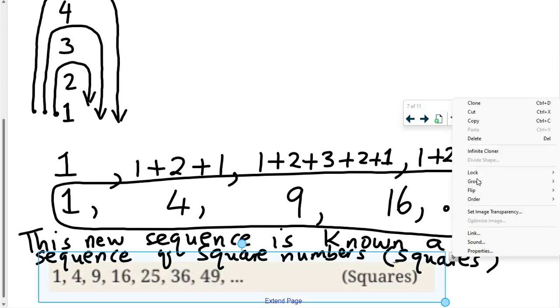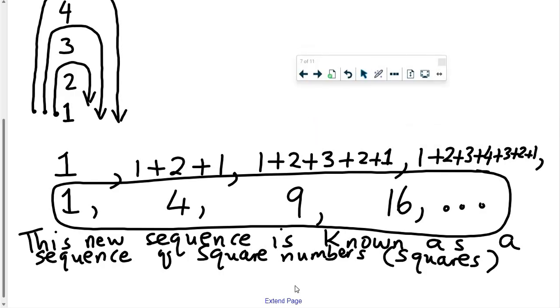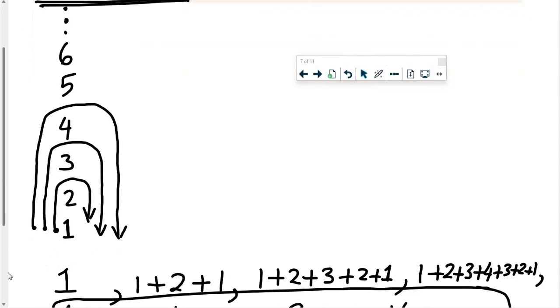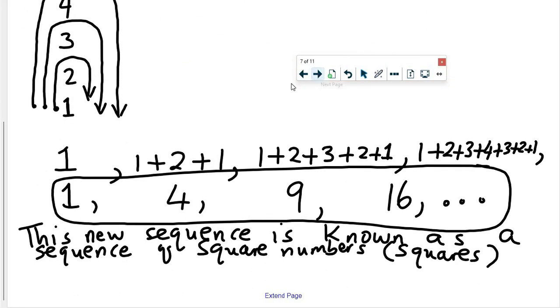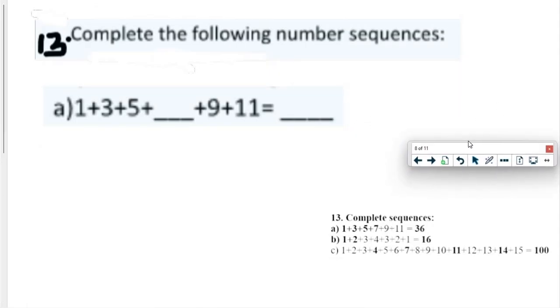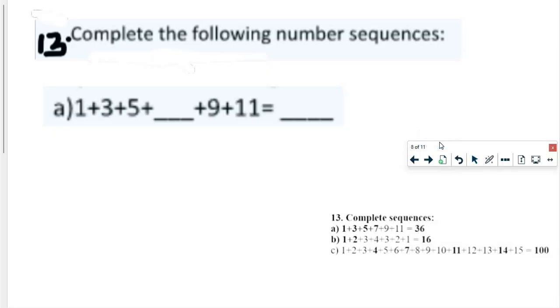So you can try to go through this and see what you remember. Okay? So the next question. Complete the following number sequence: 1, 3, 5, a missing number, 9, 11.